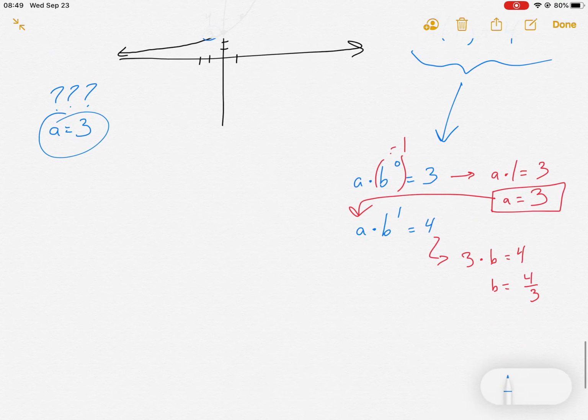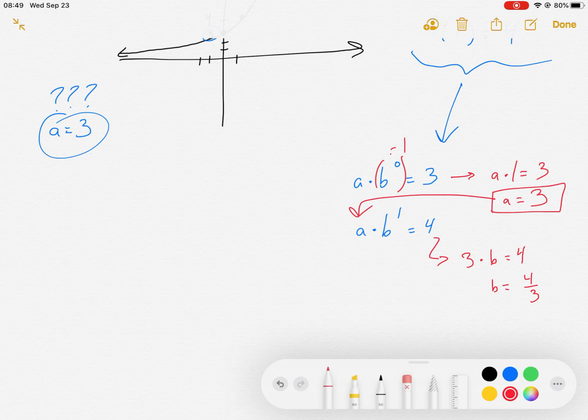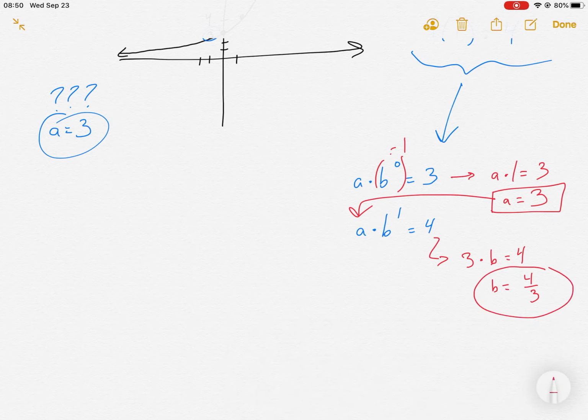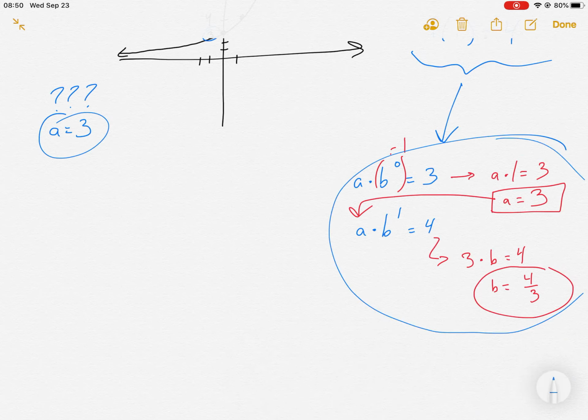So I'm actually done with the problem at this point. I know that the equation, based on my work over here on this side, will take all of this info. This tells me that the equation is f of x equals 3 times 4/3 to the power of x. And that's the answer.